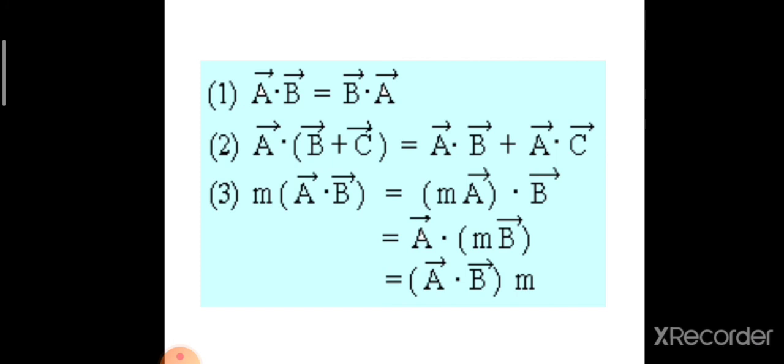Vector A dot vector B is equivalent to vector B dot vector A. The next identity is vector A dot, vector B plus vector C, will be equivalent to vector A dot vector B plus vector A dot vector C. Similarly, any constant m into vector A dot vector B will be equivalent to m into vector A dot vector B, or vector A dot m into vector B, or vector A dot vector B into m.